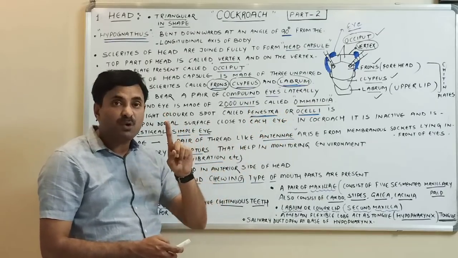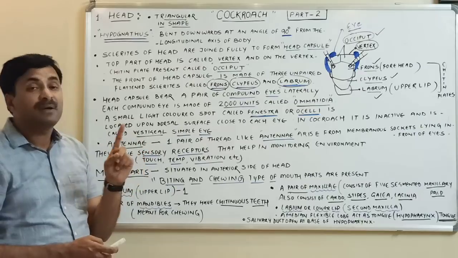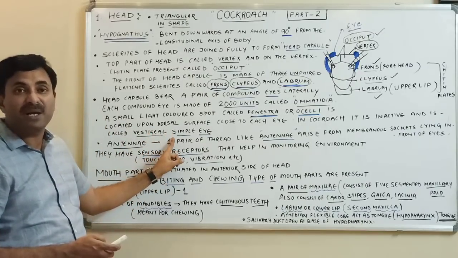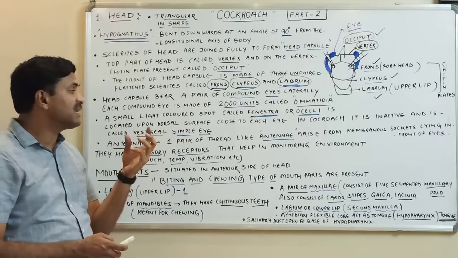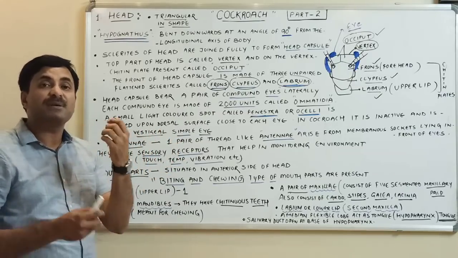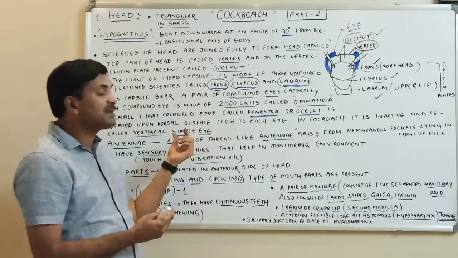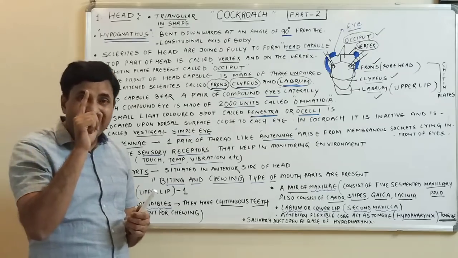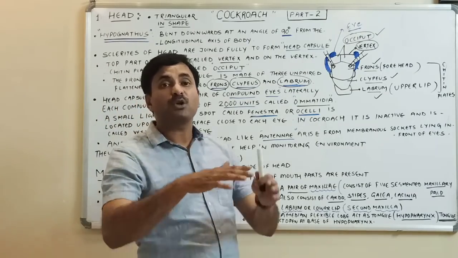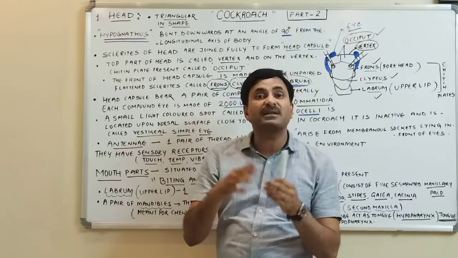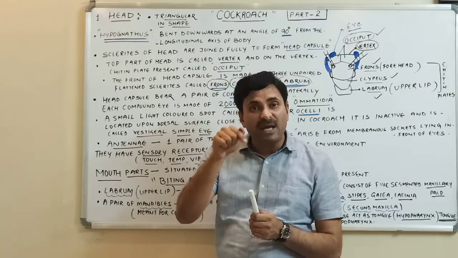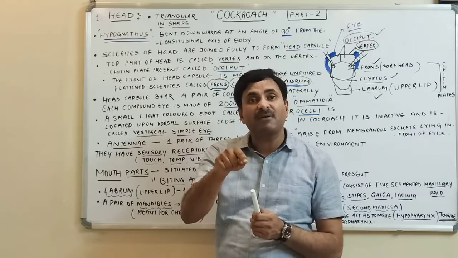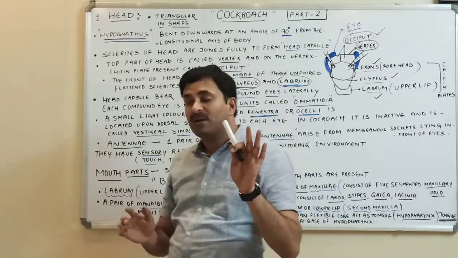In the cockroach, it is inactive and is called a vestigial simple eye. Vestigial means non-functional. But remember it is inactive in the cockroach only. In other insects, the simple eye or fenestra or ocelli is active and acts as a photoreceptor organ.